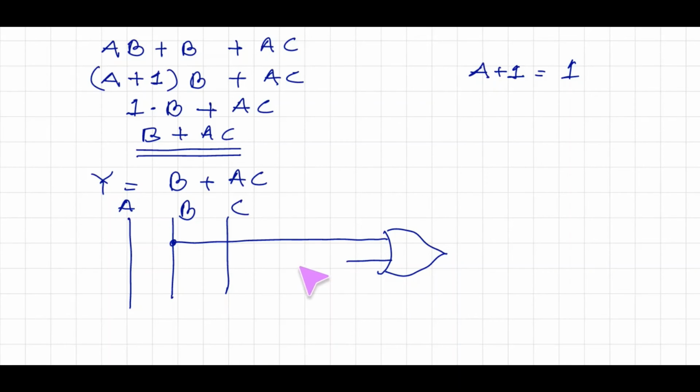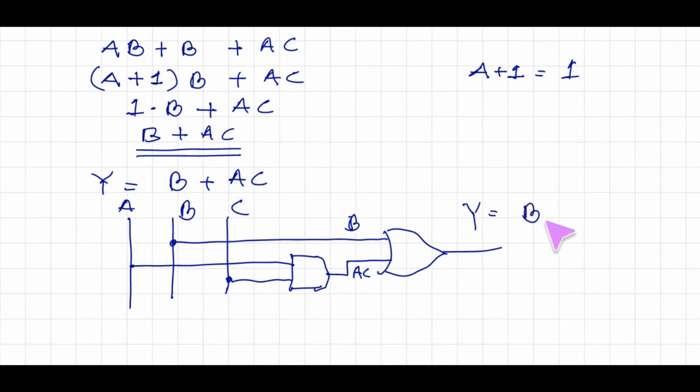For AC we need an AND gate, whose inputs are A and C. So the output is AC, and the output of the circuit is Y equal to B plus AC.